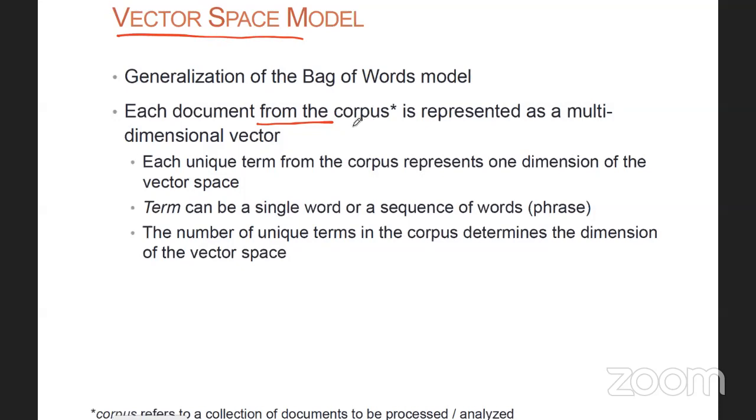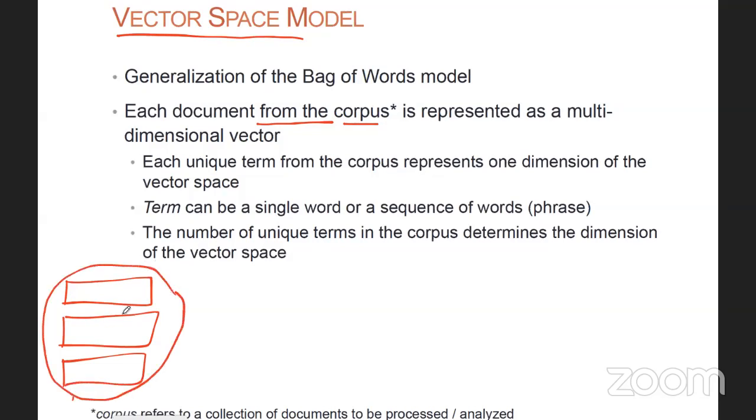A few terms. What is a corpus? The corpus is a collection of documents, a collection of records. Let's say I'm processing reviews: this is review 1, review 2, review 3, like that up to review 1000. When I combine all of those reviews together, this is called a corpus. Say I'm analyzing A4 size documents: first document, second document, third document.